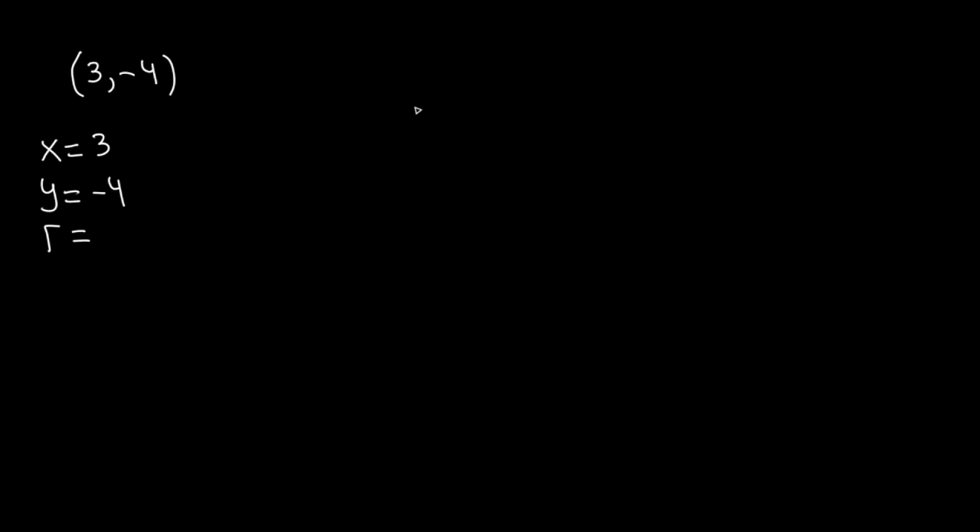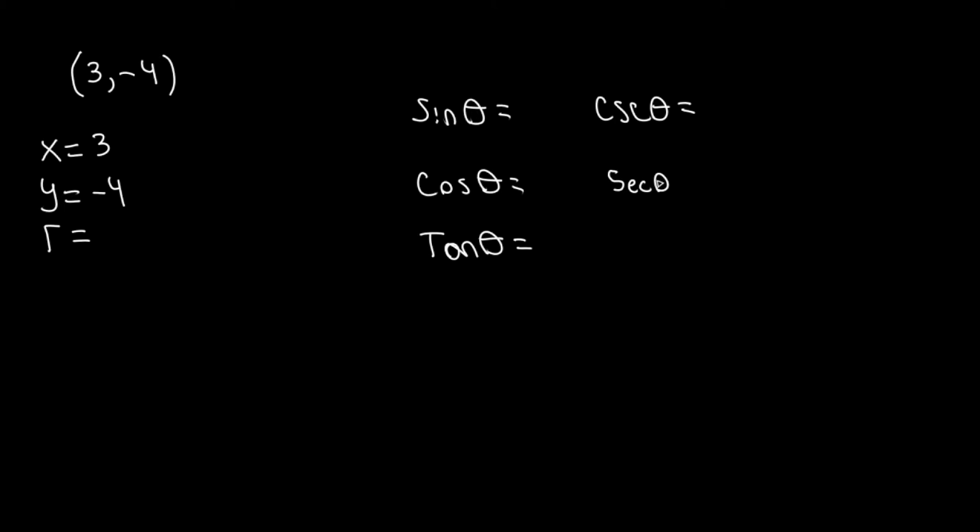Now, I would come over here and I would say, what are my 6 trigonometric functions? They're sine of theta, cosine of theta, tangent of theta, and now our reciprocals. So cosecant of theta is the reciprocal of sine, secant of theta would be the reciprocal of cosine, and cotangent of theta would be the reciprocal of tangent.